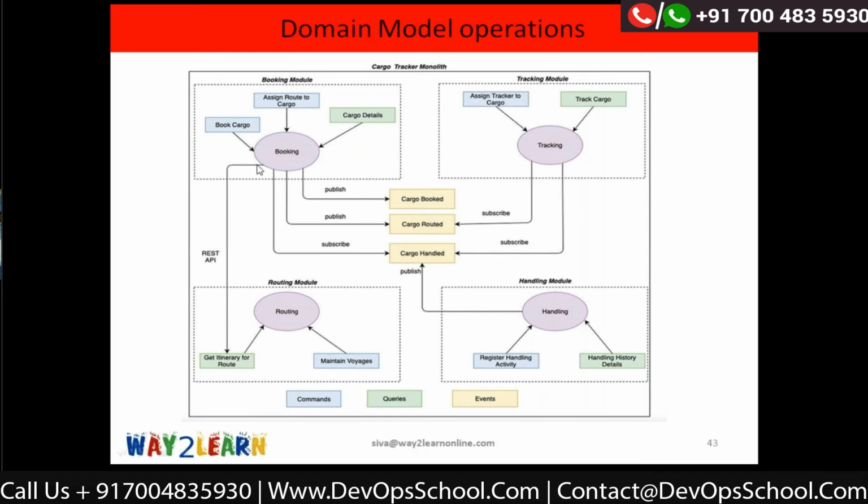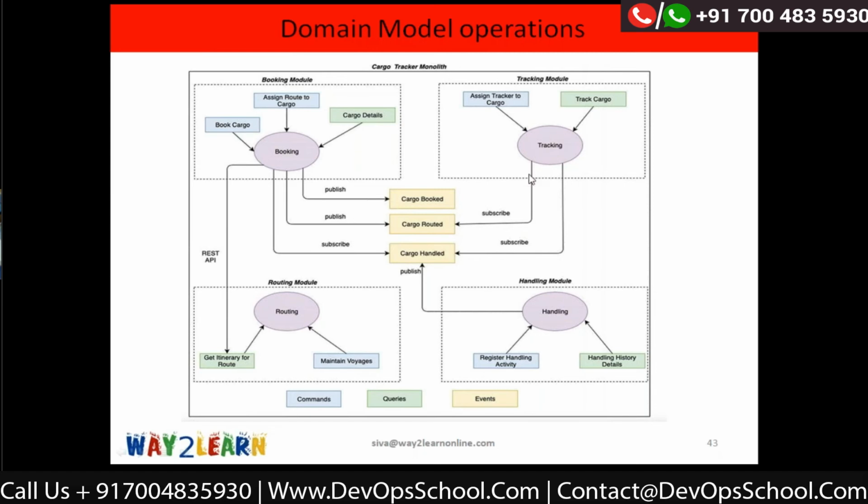whenever booking is done, a new cargo is created, right? So my booking module will publish an event called cargo booked. And whenever a cargo is routed, it will publish an event called cargo routed. Now, whenever a cargo is routed, see, the tracking module or tracking sub-bounded context will subscribe to cargo routed, right?